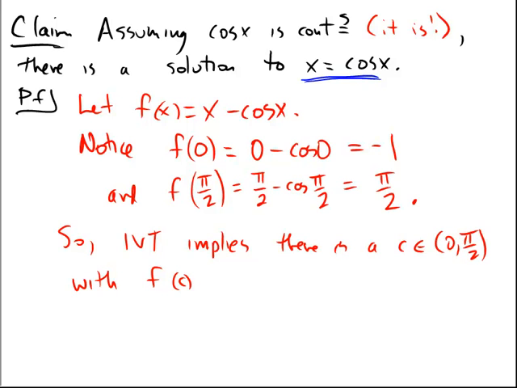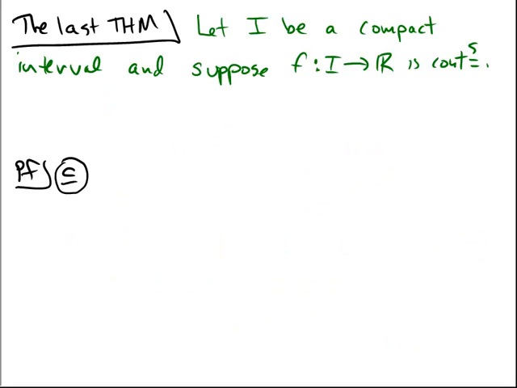So in particular, remember f of c is c minus cosine of c, and we're going to say that that's equal to 0, because 0 is a number between -1 and pi over 2. So add cosine of c to both sides. C would be cosine of c. I didn't even figure out what the solution was, but I know that a solution exists. IVT is a great theorem.